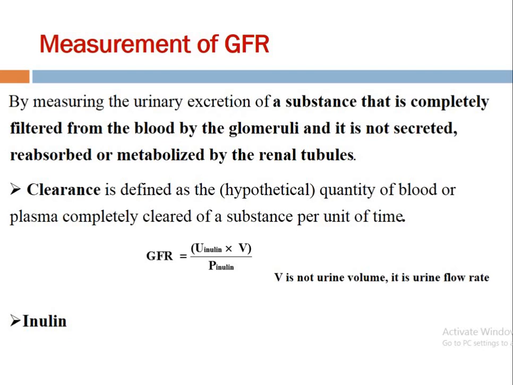when we are measuring the plasma level of creatinine, if we look at this formula, here it is written as urinary inulin and plasma inulin. Suppose we change it to creatinine. The urinary concentration of creatinine will increase because it is secreted more than it is reabsorbed. So the urinary concentration of creatinine will increase, but the plasma concentration will also increase. Why will it increase? Because when we are measuring the plasma concentration of creatinine, certain other chromogens can also be measured as creatinine.